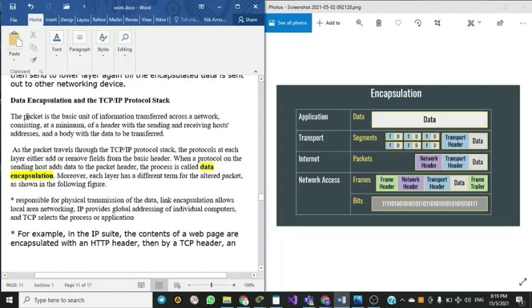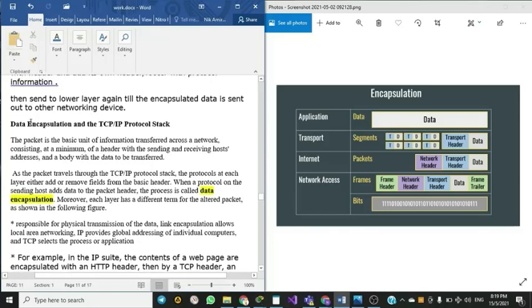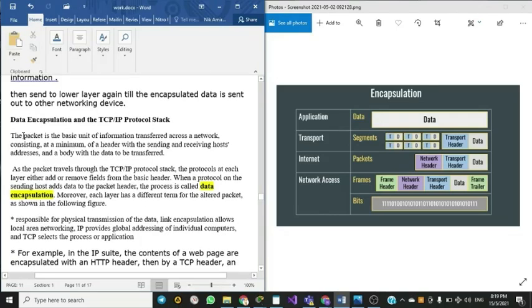So basically, data encapsulation has a minimum of a header with the sending and receiving host address and a body with the data to be transferred.